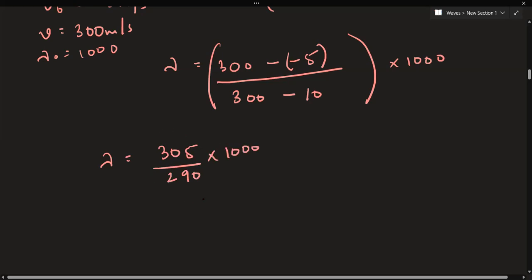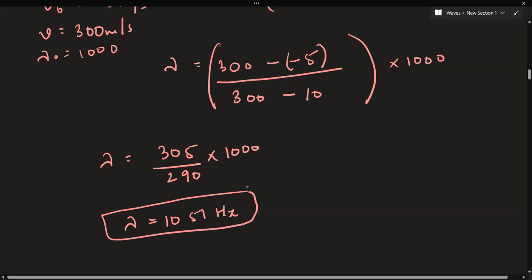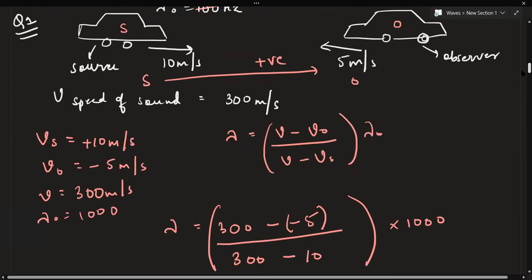Now see, this difference will be very small every time when you calculate, so you don't have to approximate this. Whenever you are doing calculations of Doppler's effect, never round off the terms that are given. Otherwise, the frequency will come out as the original frequency only. Once you multiply, this will come around 1051 Hertz. Understood? Yes, sir. Okay, just note down the solution as well.